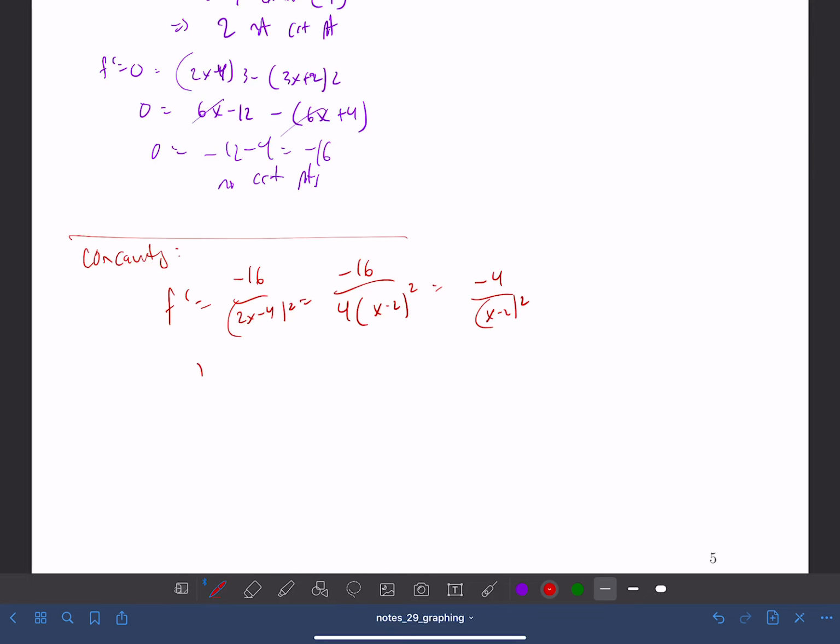So that's f prime. F double prime is equal to... I'm just going to use the chain rule with the power rule, and we'll find that this is equal to 8 over x minus 2 cubed. Yep.